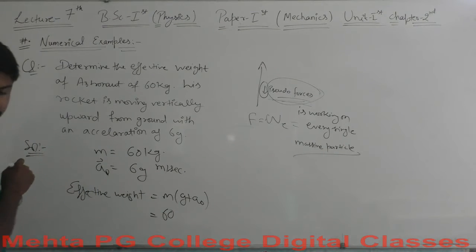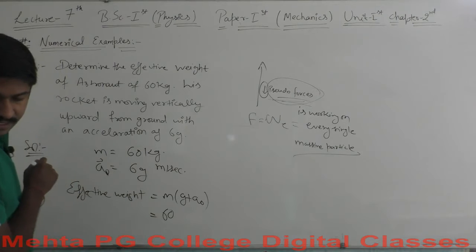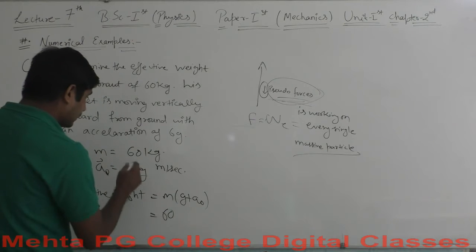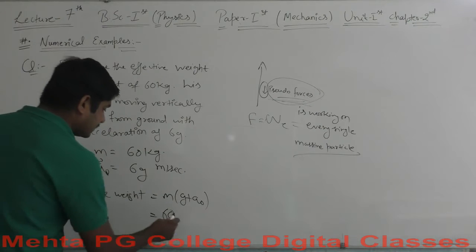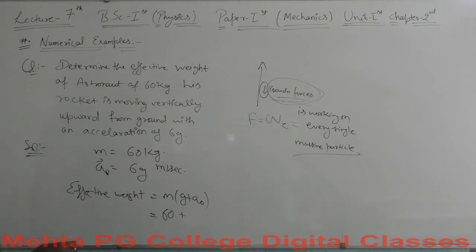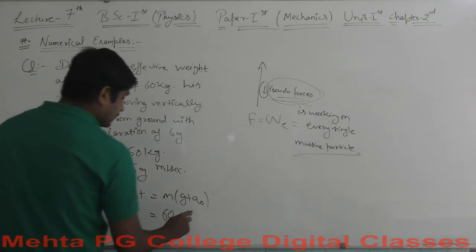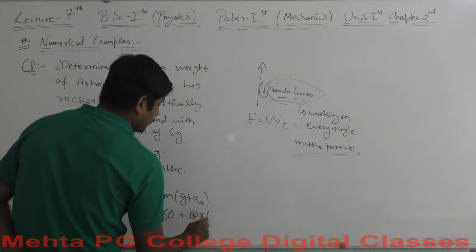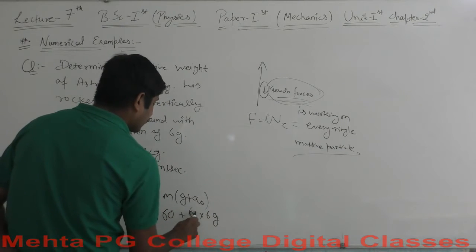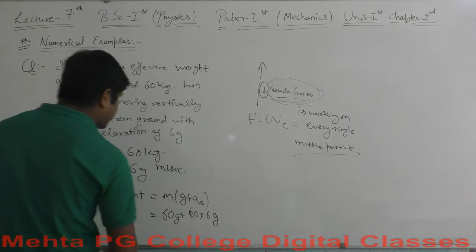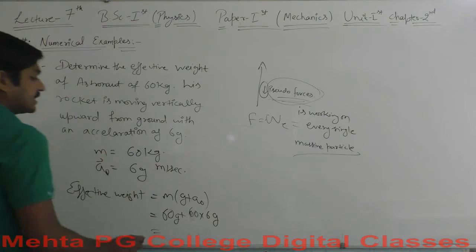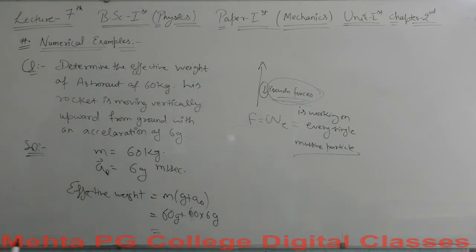So m into g, that is 60g, plus 60 into 6g. This is 60g plus 60 into 6g. Okay, so let's solve it.